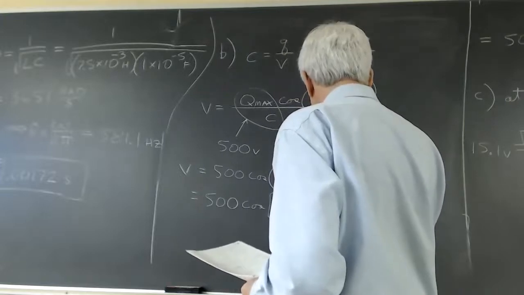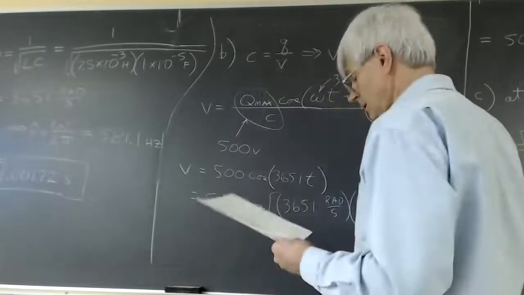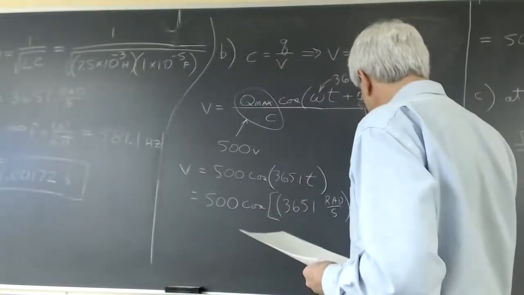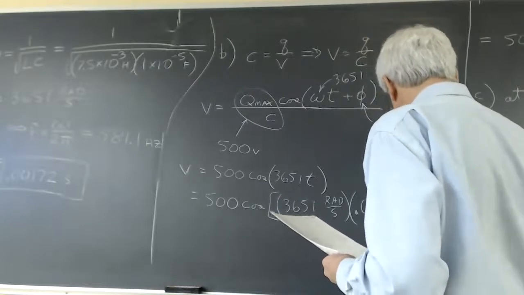3651 is in radians per second. Time is 0.0015 of a second.